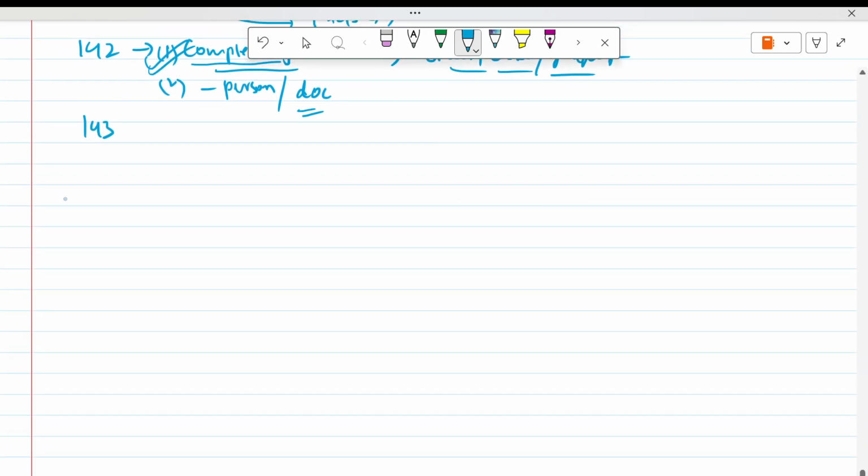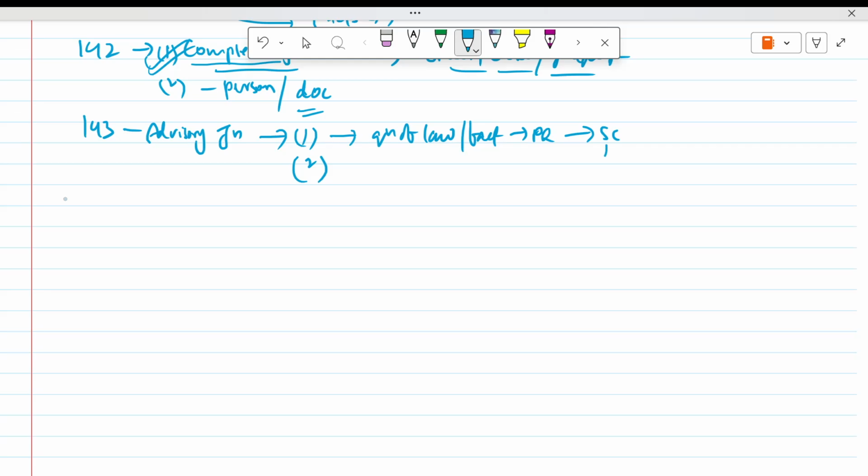Then 143, this is what is generally called advisory jurisdiction. Here what happens, 143 clause 1, clause 2 is there. Here, any question of law or fact, the President will ask the Supreme Court. Then the Supreme Court may or may not give its opinion.